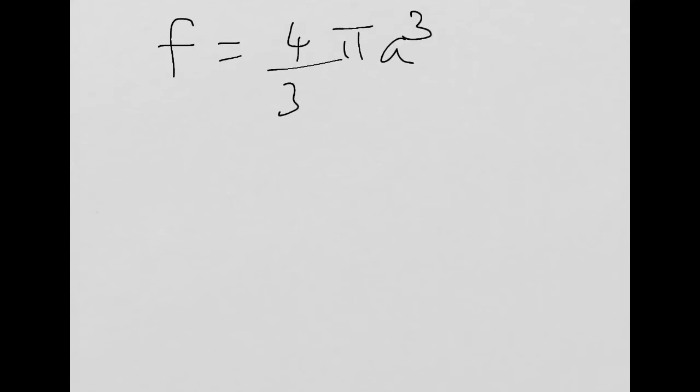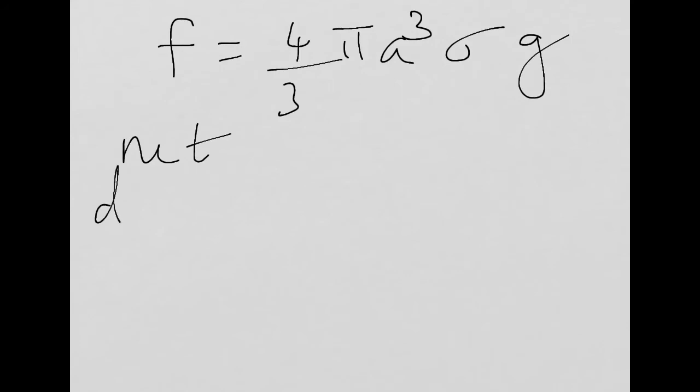So I'm going to say that the upward thrust by air is 4 by 3 pi a cube, density of air sigma into g. So what is the net downward force?